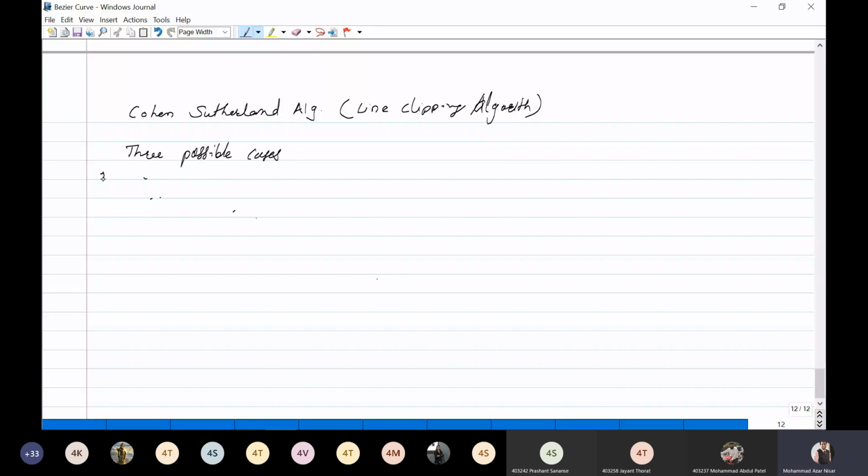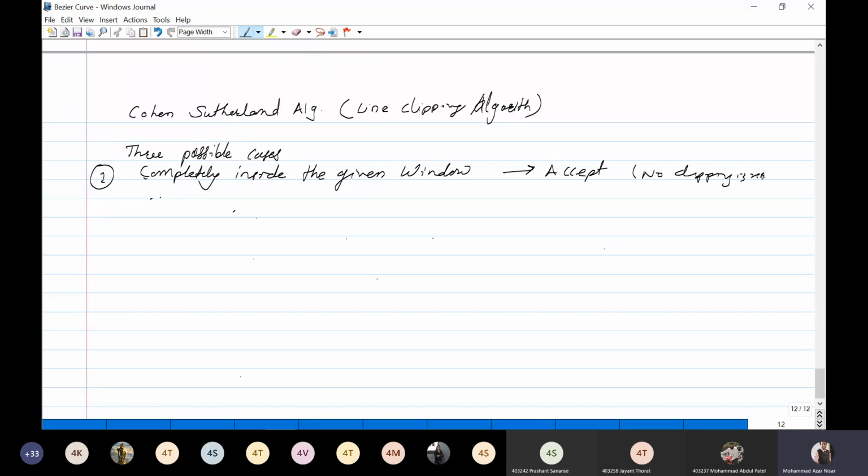The first case is that the line is completely inside the given rectangle or given window. Then you have to accept that line, and no clipping is required.